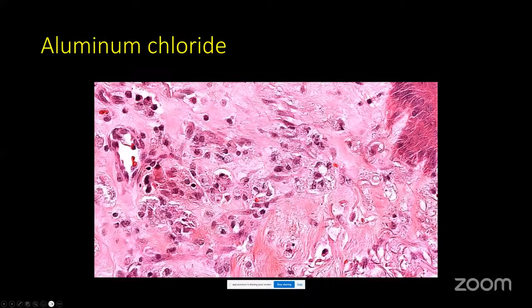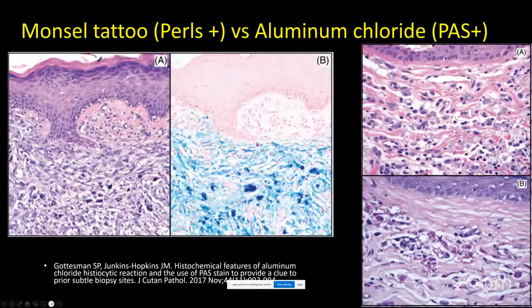But it's sort of a grungy purplish material within the histiocytes, and this is due to aluminum chloride or Drysol when people have tried to stop the bleeding. So this is a paper I did with Sylvia Gottesman, one of my former fellows, and you can see this grungy purplish granular material within the histiocytes, and these stain positive for PAS.